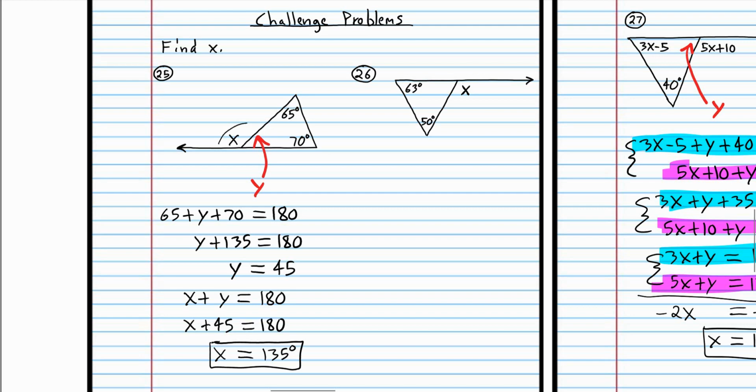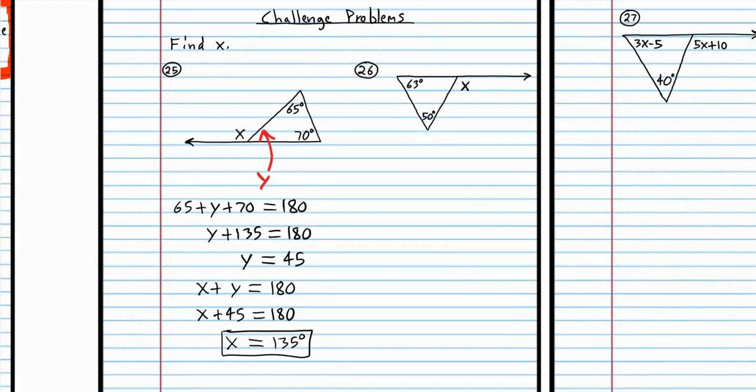These are adjacent angles because they share a side and a vertex. But these angles are non-adjacent to x because they don't share a vertex. So we're not going to prove that theorem now, but we are going to prove that later on.